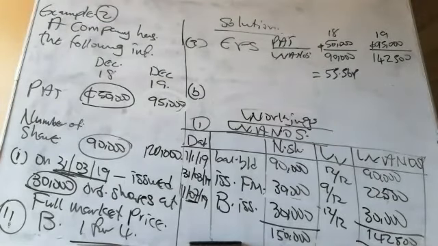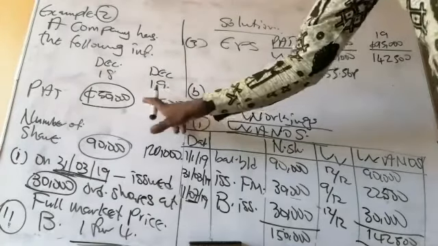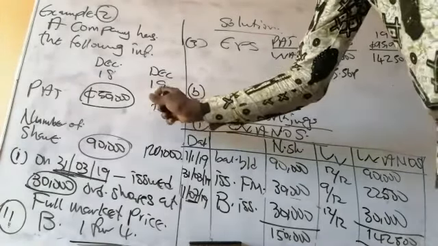So 75 divided by 142.5. Okay, so let me make some slight changes. Let me get 70,000. I'm done.